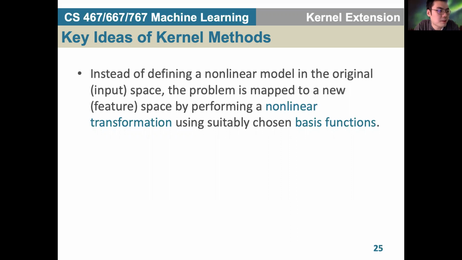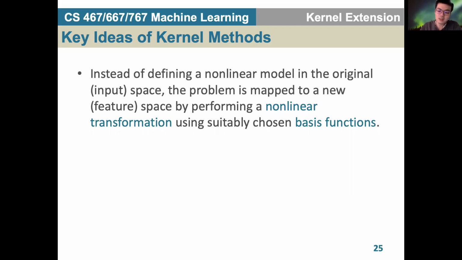Support vector machine is using the other idea. The problem is mapped into a new feature space by performing a nonlinear transformation. Basically, it's using a linear model, but you do a nonlinear transformation of the features to get another set of features.